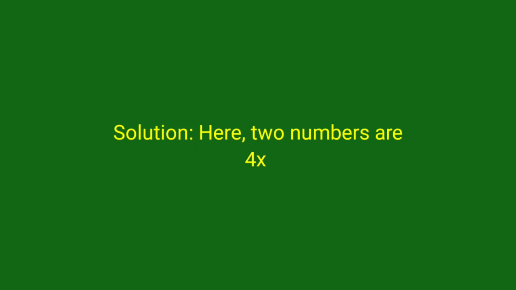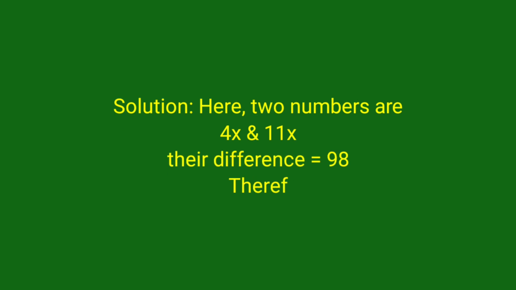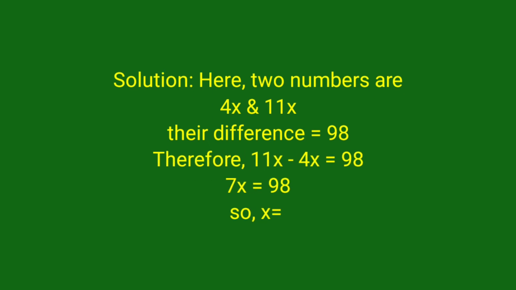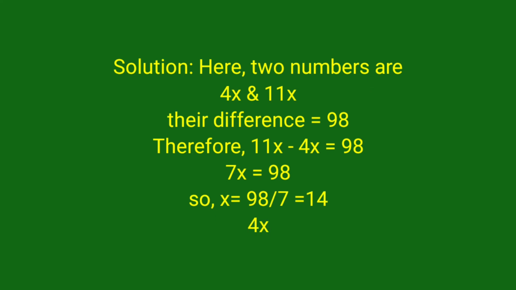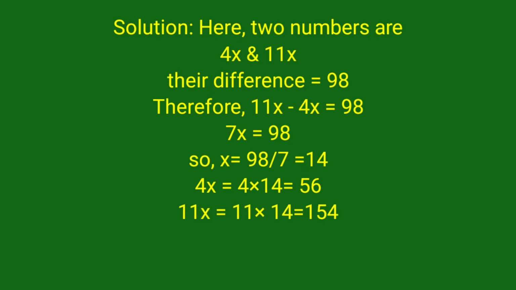So the solution says, here the two numbers we can take as 4x and 11x, and their difference is said in the sum itself, 98. Therefore 11x is greater. So 11x minus 4x equals 98.